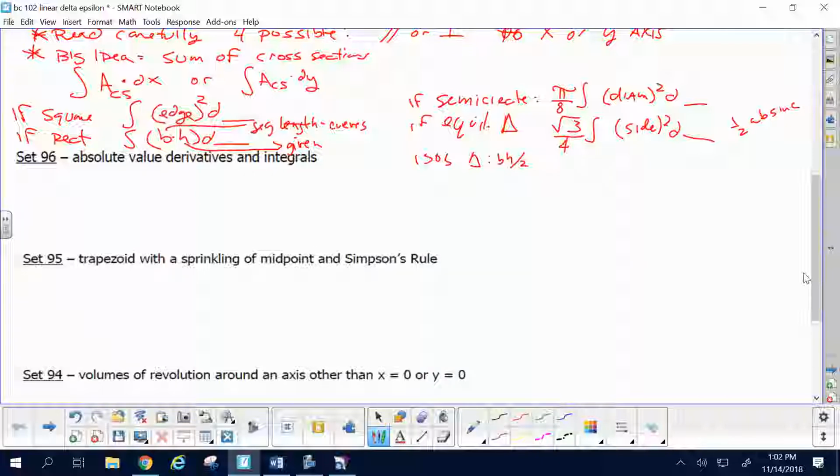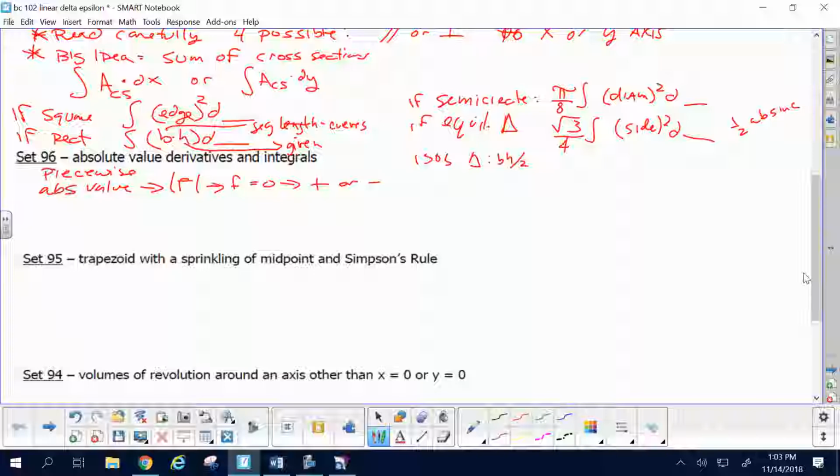All right. Absolute value derivatives. As always, go understand piecewise. Talk about to find where the absolute value takes effect. You would first need to know where f is equal to 0, and then when it is positive or negative, and that's how you then decompose it into its positive and negative pieces.